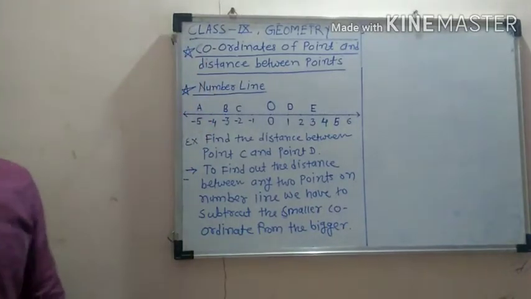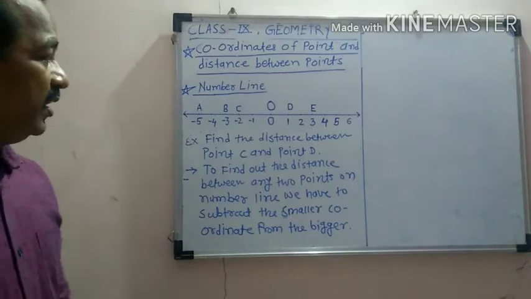Simply, you are supposed to subtract the smaller coordinate from the bigger coordinate.